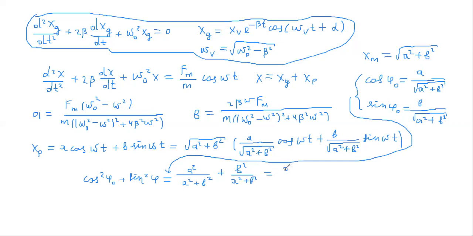So this will be equal to 1. So our oscillation is okay. Everything is okay because we have obtained unit in the right side.